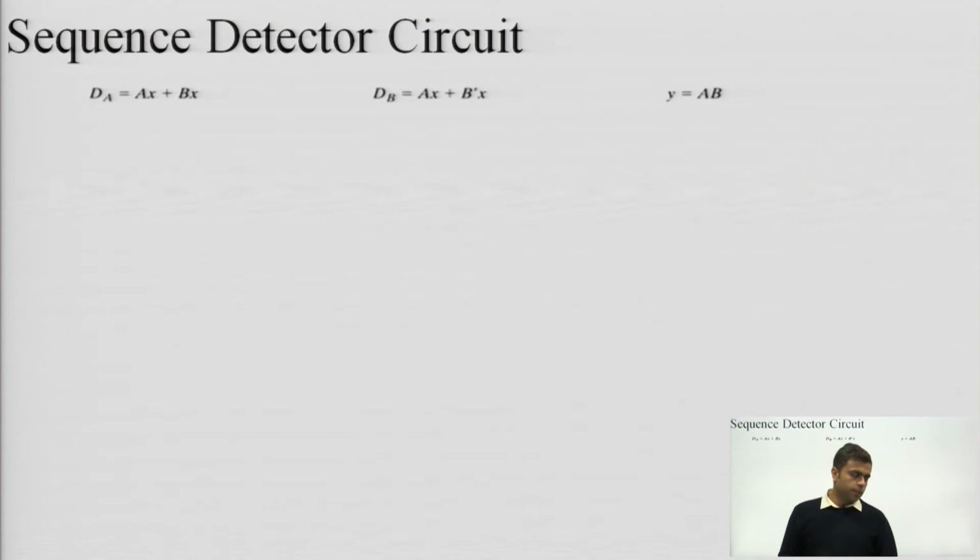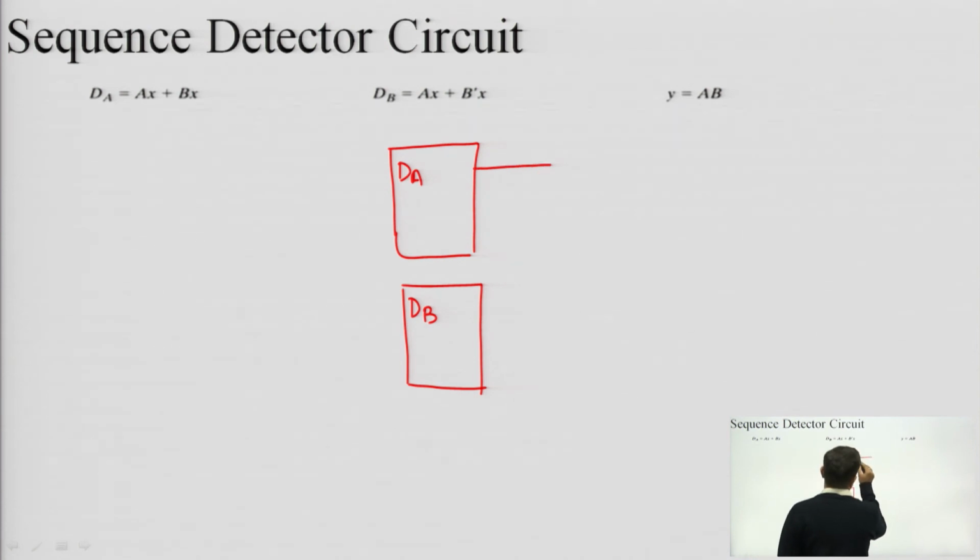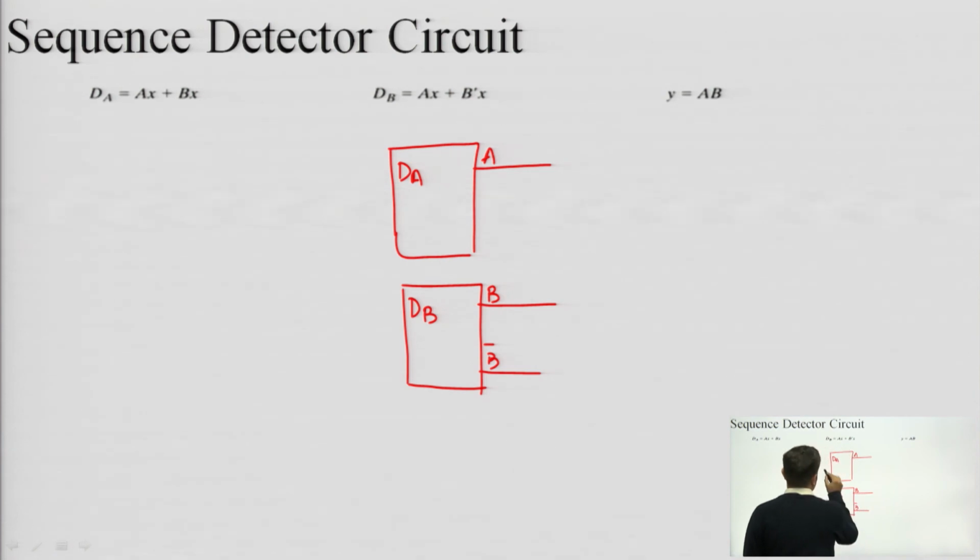Now these are the three expressions available to me, and I can convert them into a circuit. So we use flip flops, dA and dB. Their outputs will be named A and B, and B bar. Clock will be common to both.